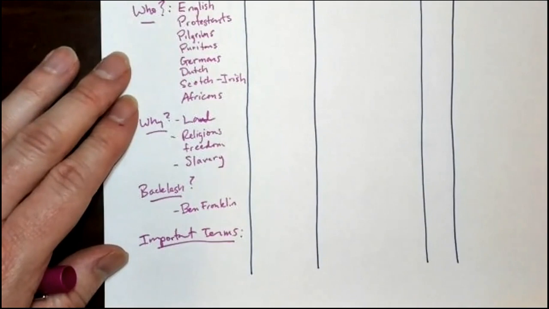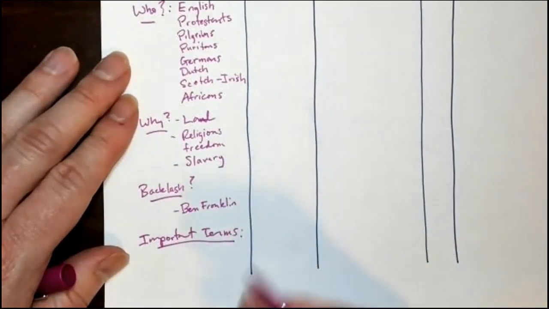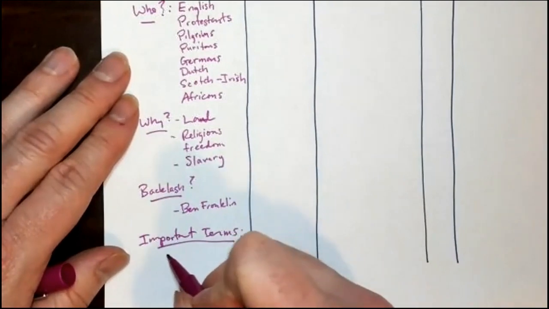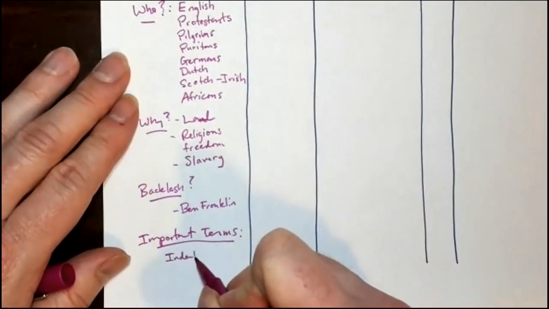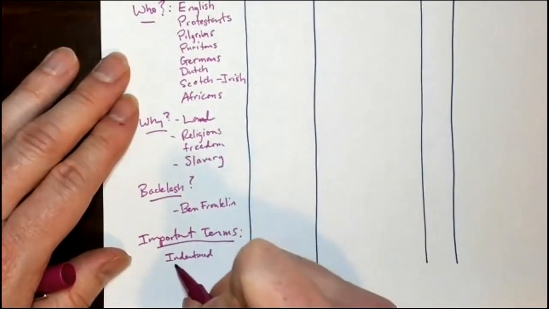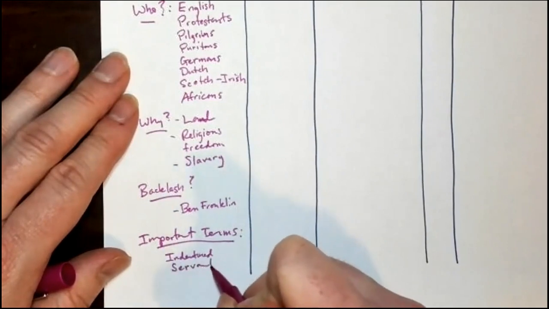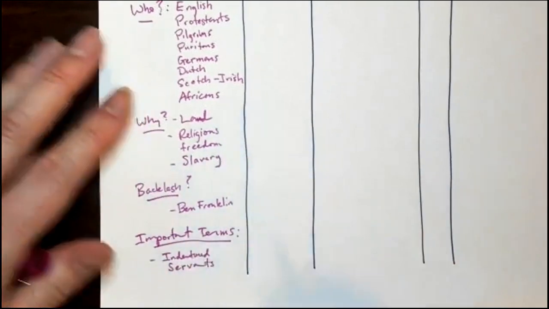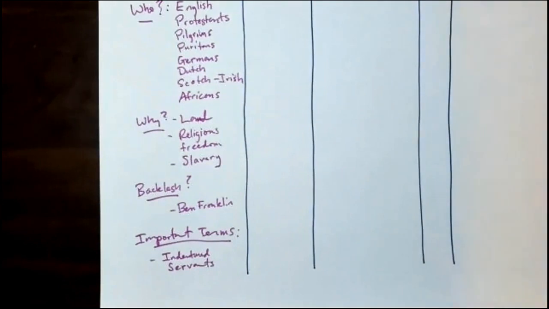A lot of them were coming over as part of something called indentured servitude. Indentured servitude was one way that immigrants gained passage to America. They couldn't afford the trip over on their own. And so they would have someone who was wealthy pay for their trip over, and then they would work for them for a number of years.